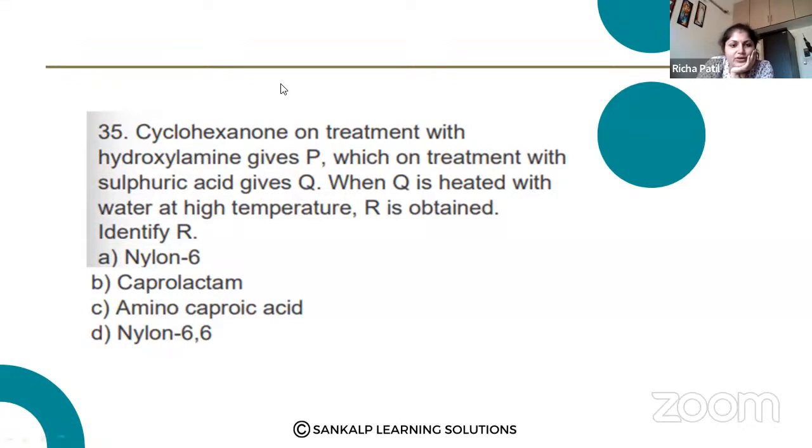It is A. So I'll tell you the reaction, how it goes. So this is your cyclohexanone. Cyclohexanone will be treated with what? Hydroxylamine. So this will form, with the loss of a water molecule.